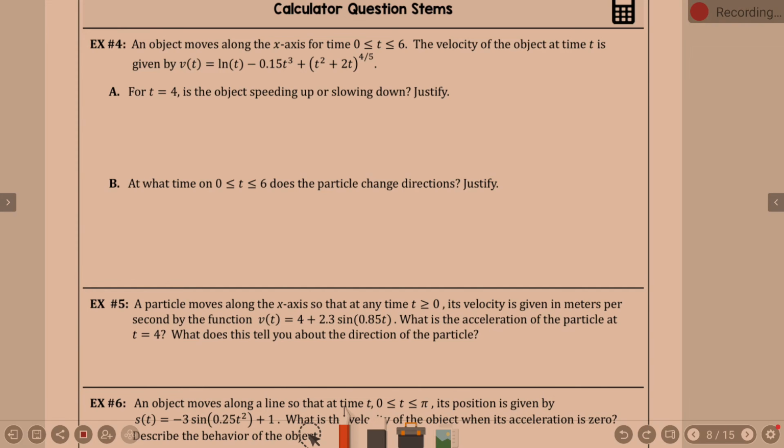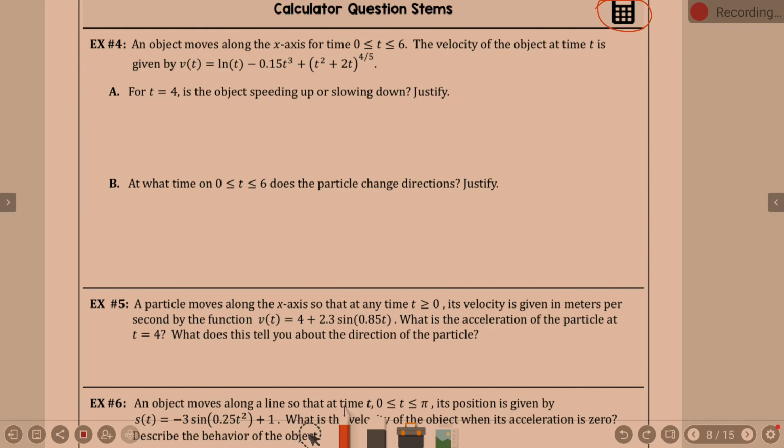Acceleration and velocity, right? Because if velocity and acceleration have the same signs, speeding up. If they have opposite signs, slowing down. Now, if you feel the desire, you can do that derivative by hand. I'm not touching that, though. Because the whole point is we can use the calculator.